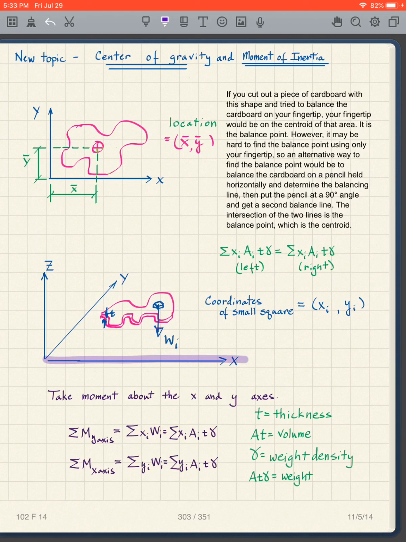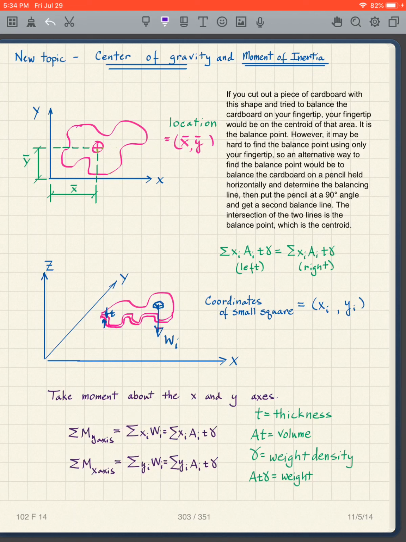Similarly, if I want to take moments about the x-axis for that little weight, it's going to be that distance, which is yi. So yi times wi gives me the moment about the x-axis. And I can take the sum of these for every little point on this area, and that would give me the total moment about that axis.